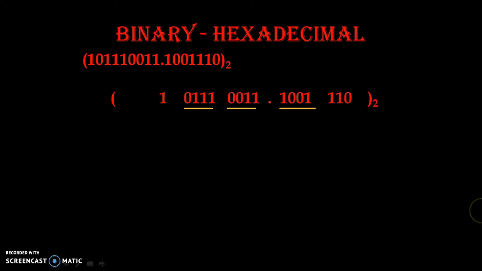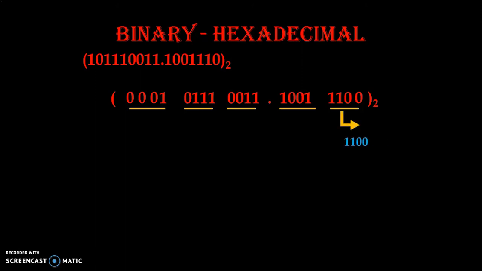So on the integer side, we know that to prepare a third group we require additional 3 zeros. So we have added and we have identified our third group on the integer side. In similar way, on the fractional side, we are short of 1 bit, so we can add one more 0 and we have another group ready. So now we have total 5 groups, and now we separate individual groups.